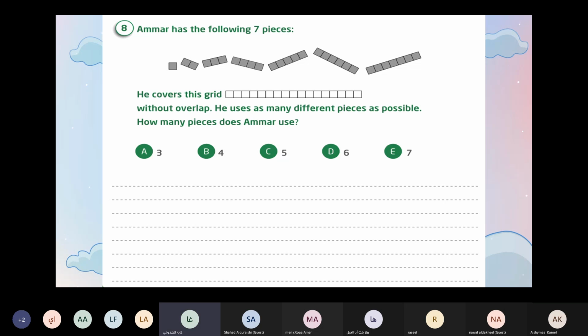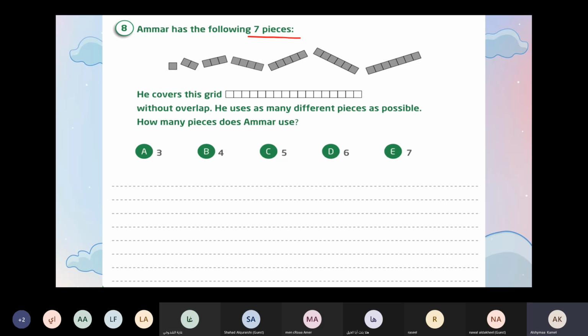Here, Ammar has the following 7 pieces. To cover this grid without overlap, he uses as many different pieces as possible. How many pieces does Ammar use?